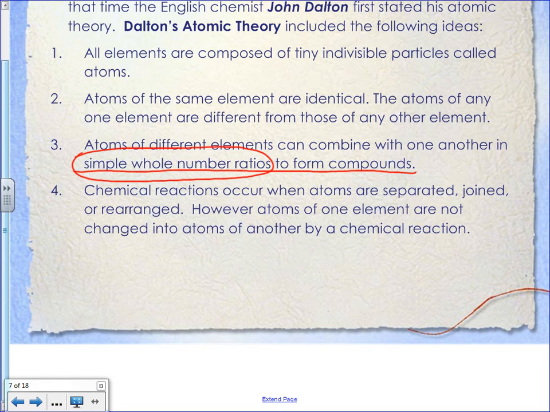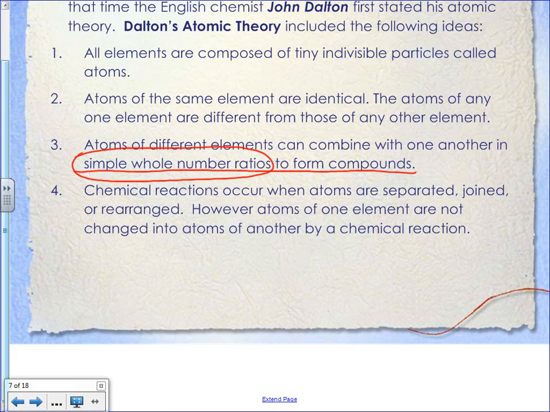For example, water has 2 hydrogens and 1 oxygen. We don't reduce that down to 1 hydrogen and half an oxygen, because you can't have half an oxygen atom. It wouldn't be oxygen anymore. It would be beryllium or something, whatever number 4 is. So it's not the same. They're always in whole number ratios.